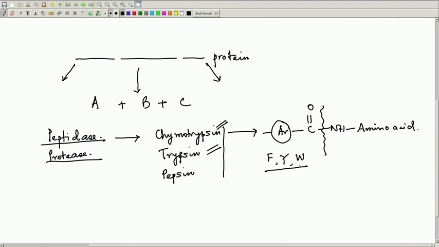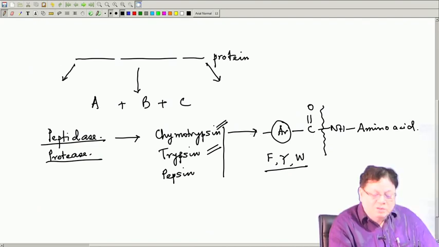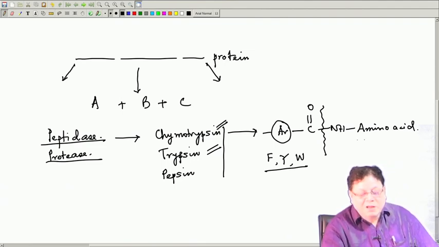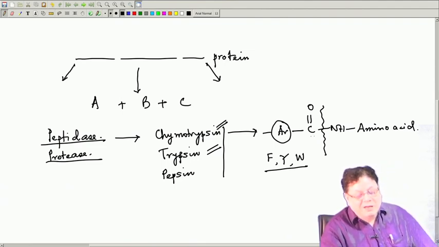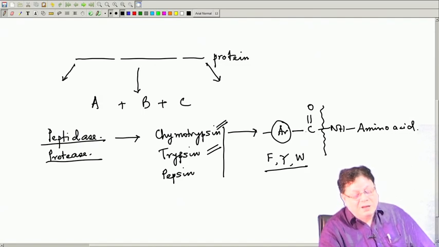If they are present, then the peptide bond will be cleaved, but remember this aromatic amino acid is attached by 2 peptide bonds, one on the N terminus side and another in the direction of the C terminus. So it is breaking the peptide bond involving the aromatic amino acid at the carboxylic end.